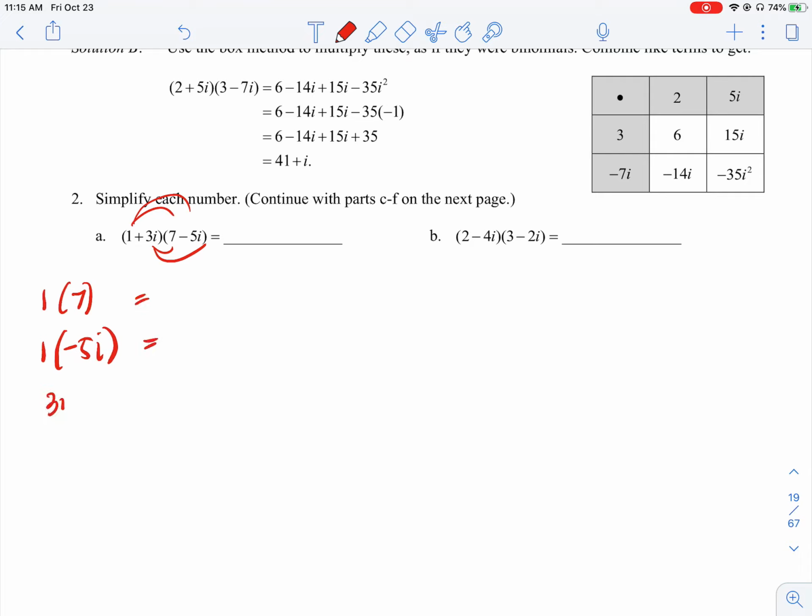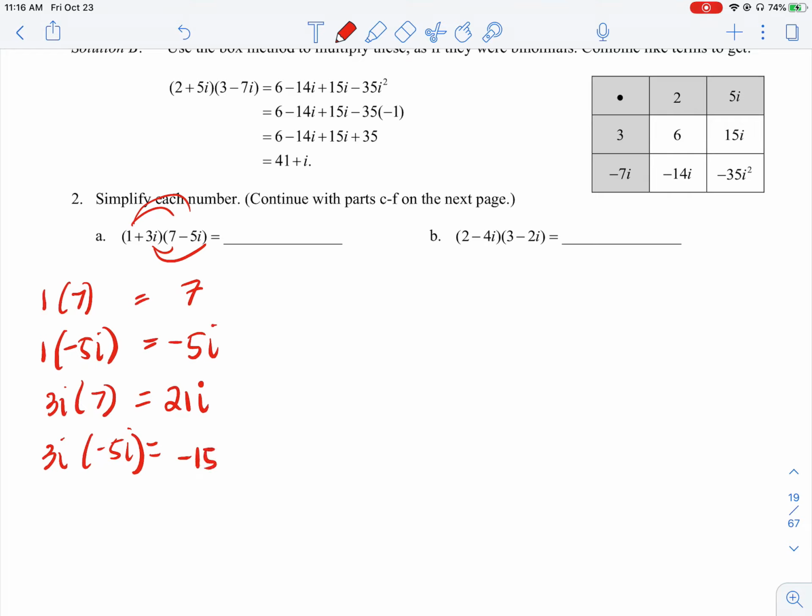Oh, I skipped a method, you guys. And then I have 3i times 7 and then 3i times negative 5i. So 1 times 7 is 7. 1 times negative 5i is negative 5i. 3i times 7 is 21i. 3 times negative 5 is negative 15.